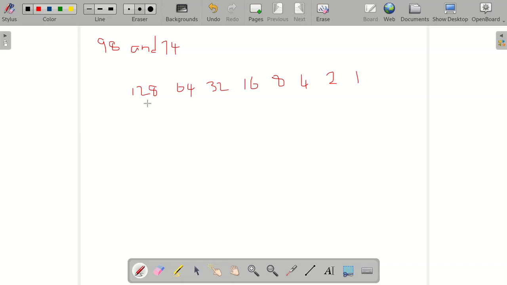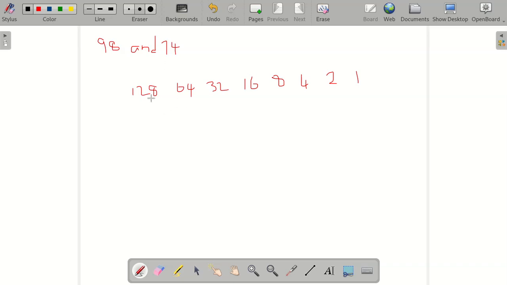Now remember what I said about complements. I said only negative numbers are affected. In this case, both numbers are positive numbers. So we just need to convert them to binary the normal way. Let's start with 98 itself.